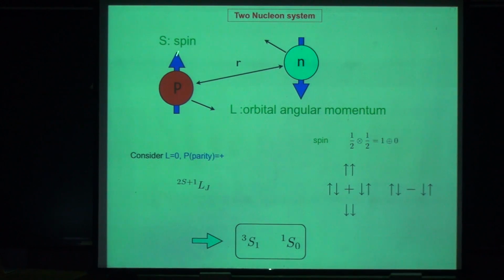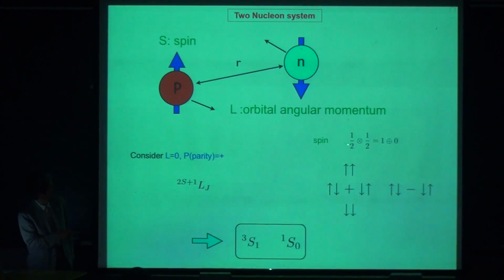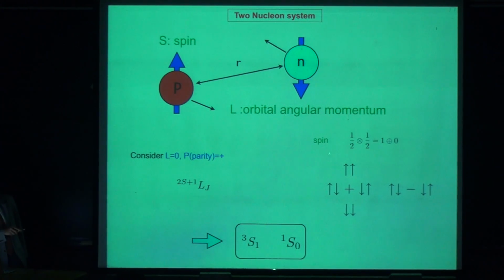Since the nucleon has spin, there are two different spin states. Since we have 1/2 and 1/2, it becomes total spin 1 and total spin 0. In addition, we have orbital angular momentum, but for simplicity, we take the orbital angular momentum to be 0. Therefore, we have two states: spin singlet and spin triplet.